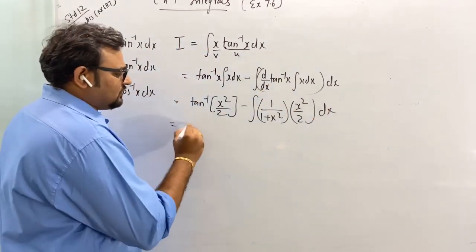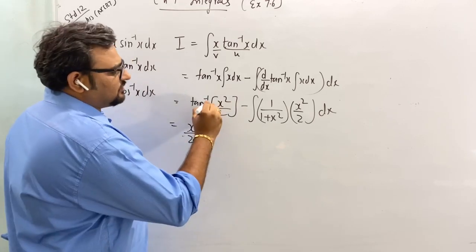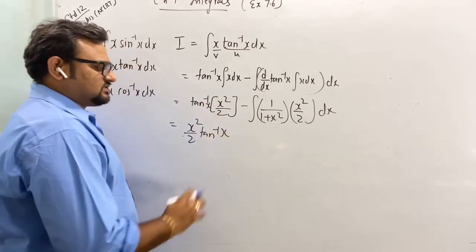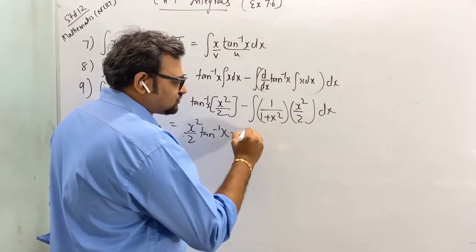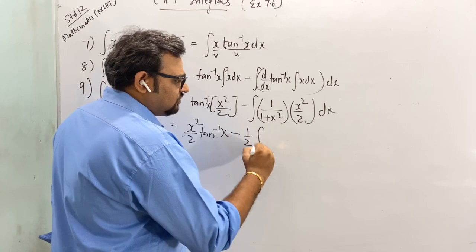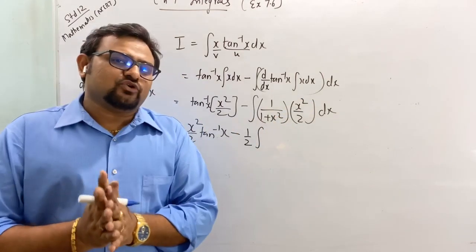So this will be x square by 2 tan inverse x, sorry, my mistake. Clear? Minus, I am taking this 2 outside. Now it is x square upon 1 plus x square. So what can you do?